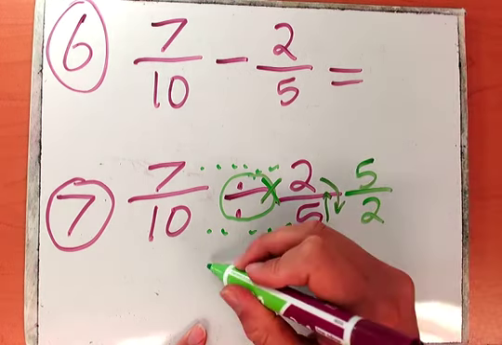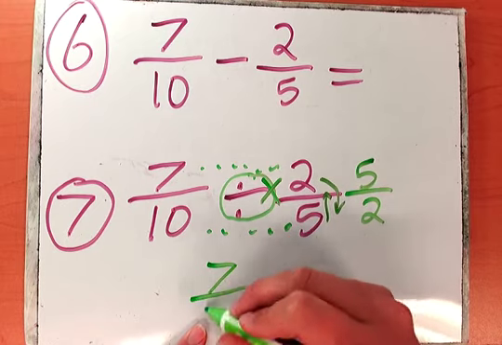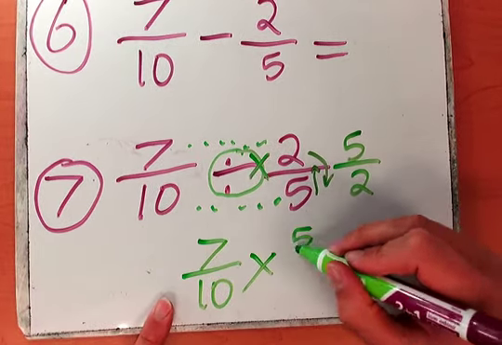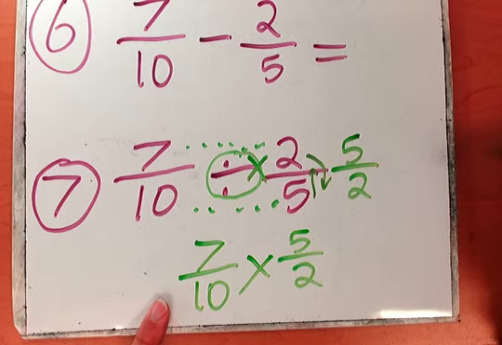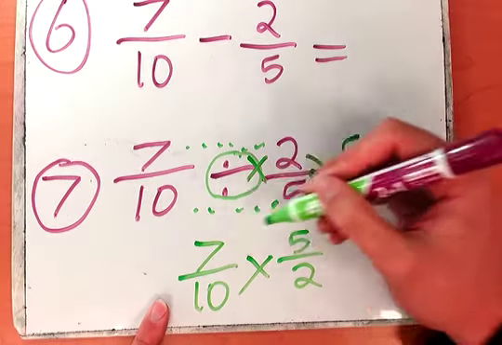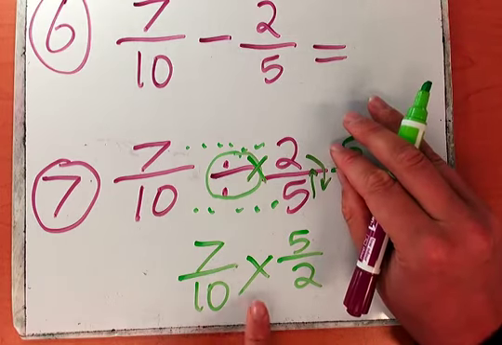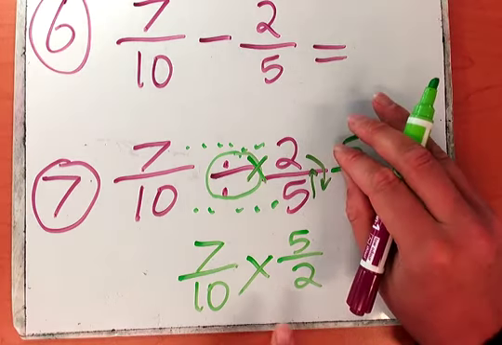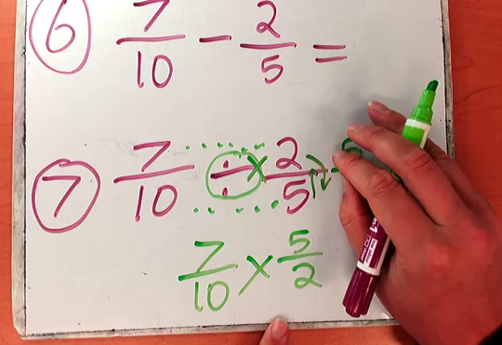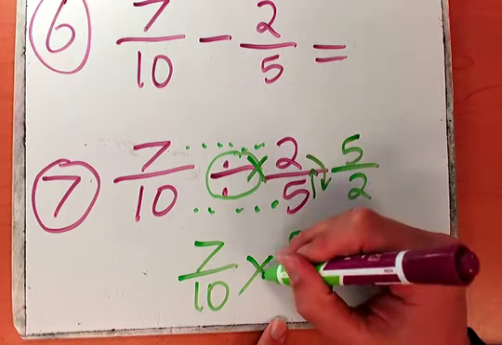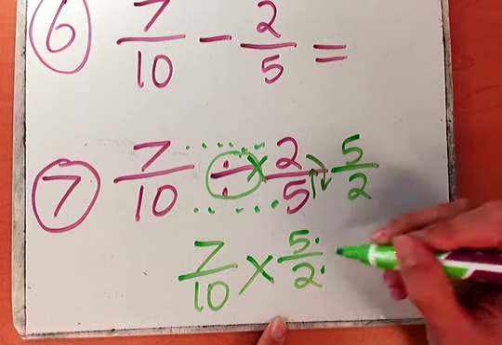So if I were going to rewrite this, I'd say 7 over 10 times 5 over 2. That original question, divide 2 over 5, is actually the same as timesing by 5 over 2. Those are the same thing. And I know that sounds weird, but this division, again, you just turn into a multiplication and you flip the fraction.